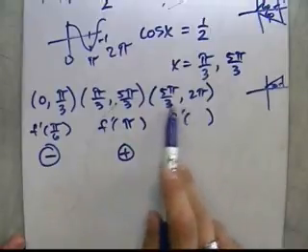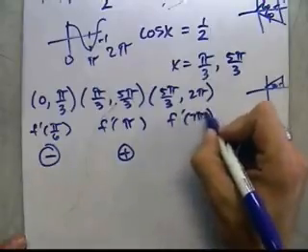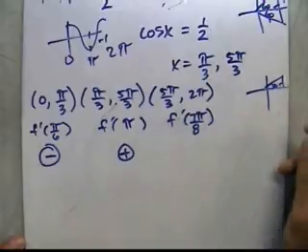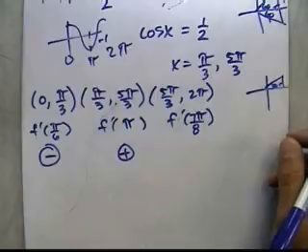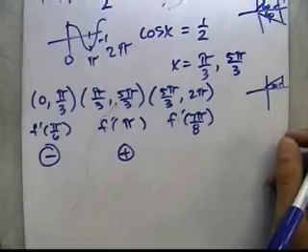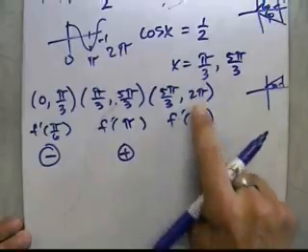Okay, let's pick a point between 5 pi over 3 and 2 pi. How about 7 pi over 8? I just guessed, I just made it up. You could do 11 pi over 6. Yeah, that's less than 1.